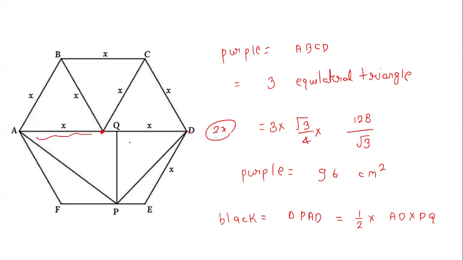So this is the value x, and this length is also x, and this is the center. From the center, you join like this. Let's say this is O. OB is also x, and OC is also x. So this whole area we can divide into three equal parts, and these three equal parts are three equilateral triangles.